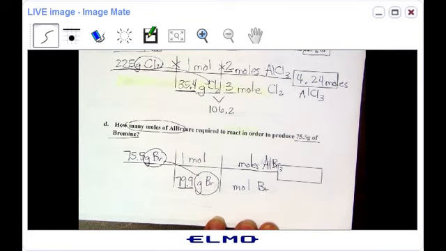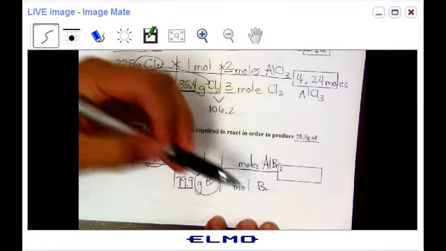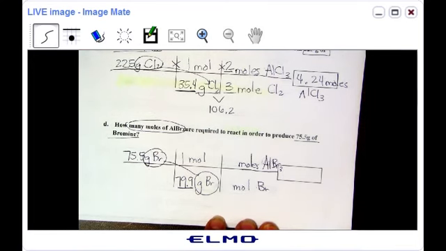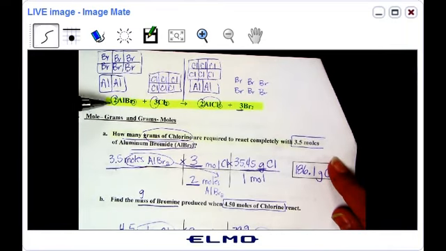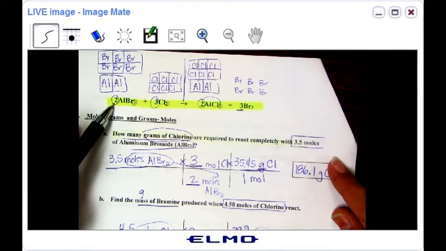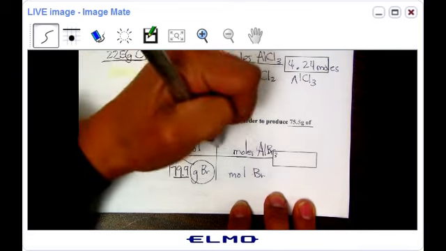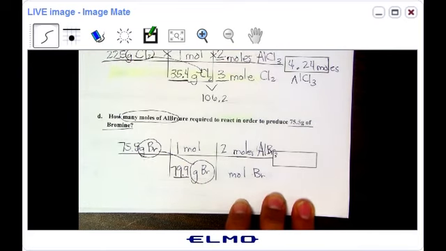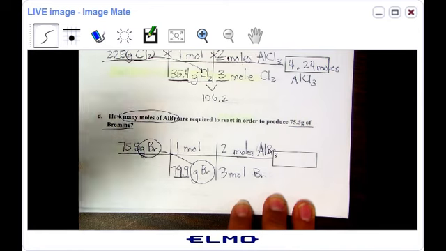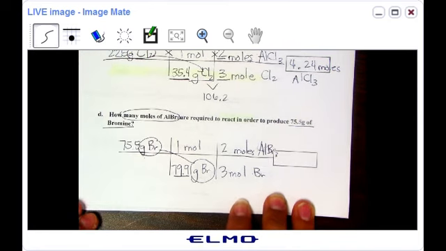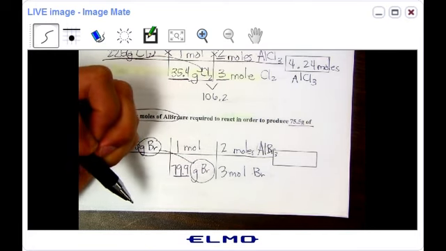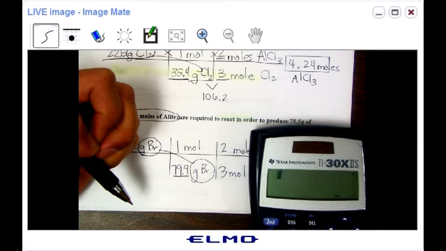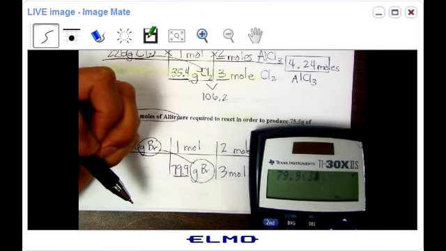79.9 goes here. To find the moles of these two, you look up at the top of the worksheet and find the coefficients. What is the coefficient of AlBr3? It's 2. The coefficient of Br is 3. So I put 2 for AlBr3, 3 for Br. I'm going to multiply the top and divide it by the bottom. I personally like to multiply these just so I can divide it by one number. 79.9 times 3.